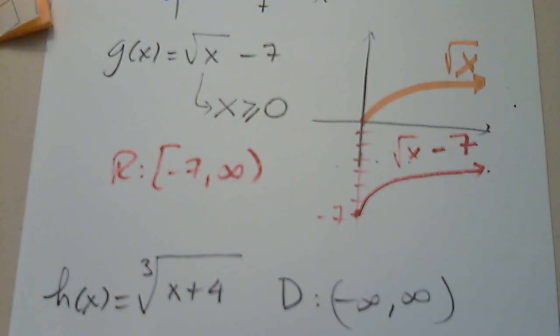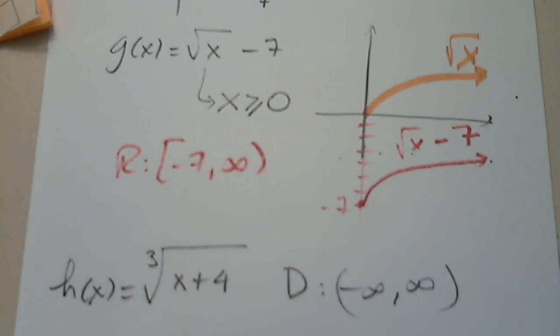Standard viewing window is fine, so I just click on graph. Here it is. So it's opening upward in this way, and then of course at -4, and then it goes up. So here's the graph.